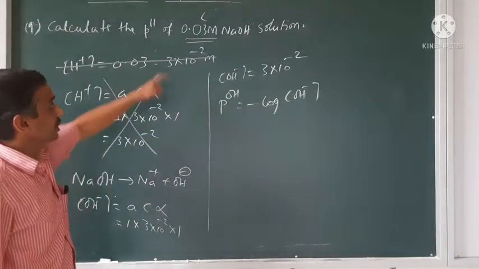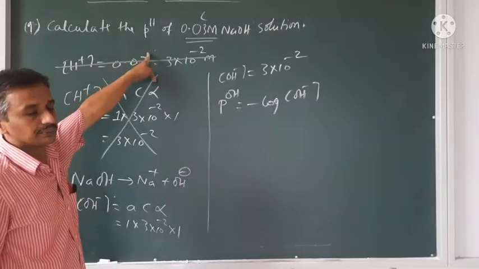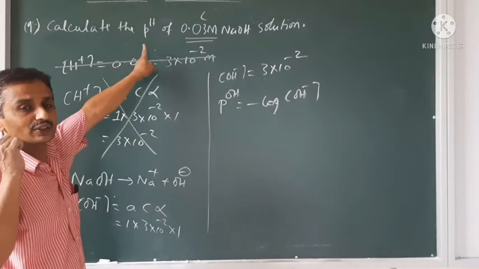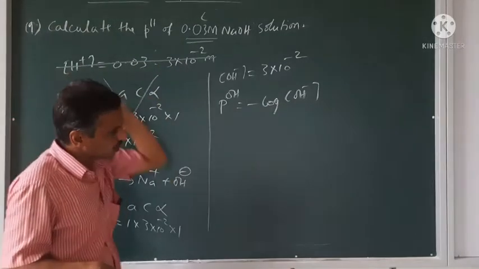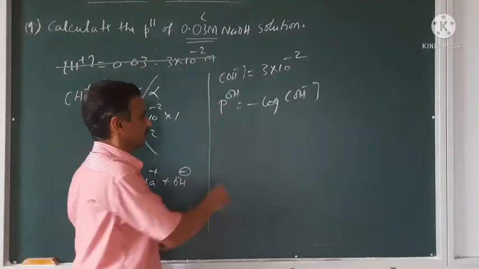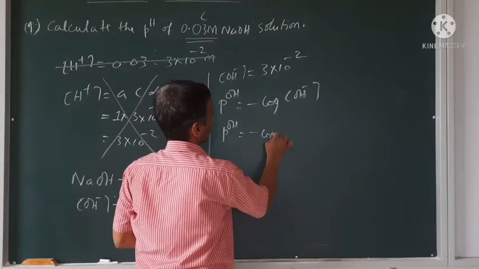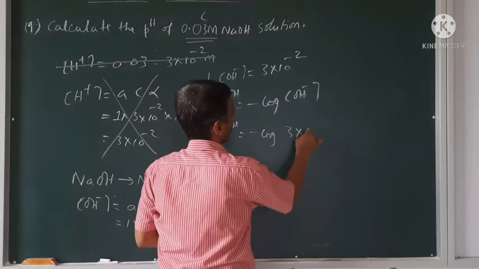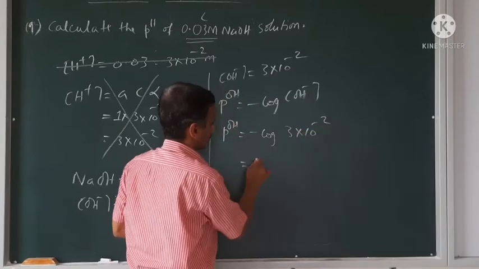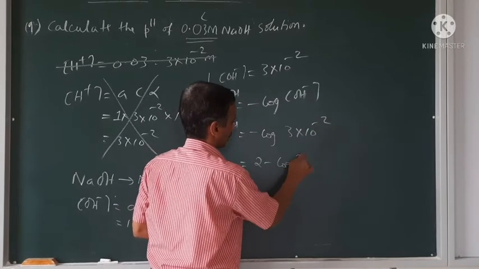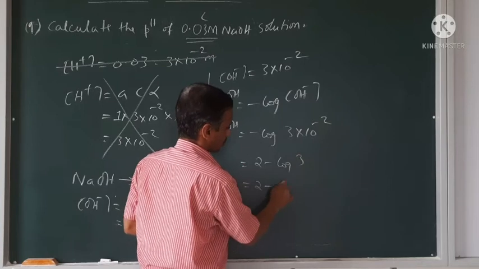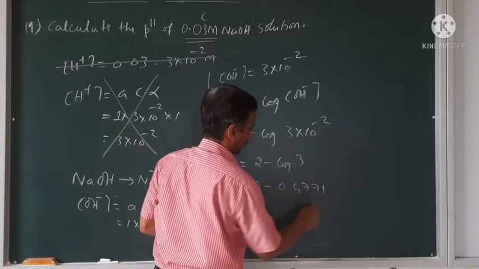You may say, sir, they did not ask for the pOH. But first you have to calculate pOH only. So pOH is equal to negative logarithm of 3 into 10 power minus 2, which is equal to 2 minus log 3, which is equal to 2 minus 0.4771.